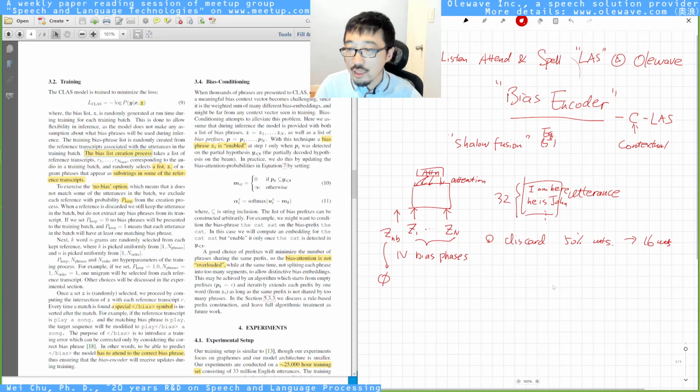Then next they randomly pull out phrases from the remaining 16 utterances in a uniform style. Let's see right over here. Eventually they're going to end up with 16 phrases.